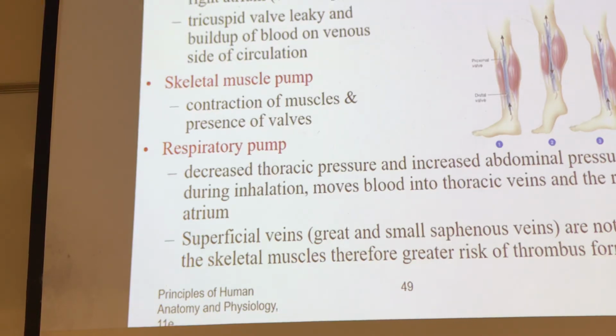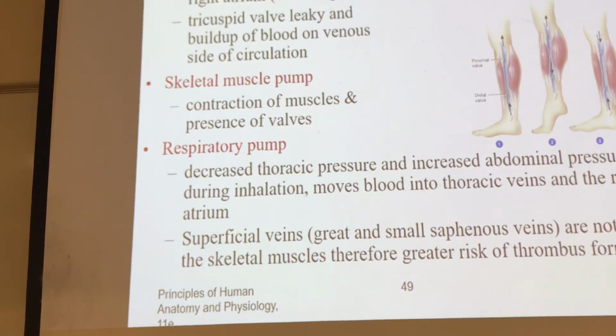But that's where the valves come in. As the blood goes up and you relax the muscle, blood comes back down a little bit, but then it engorges a valve. The valve closes, and now I have moved up one segment. Then when I contract the muscle again, the blood moves up a little bit again. When it relaxes, it activates a valve from the next segment.